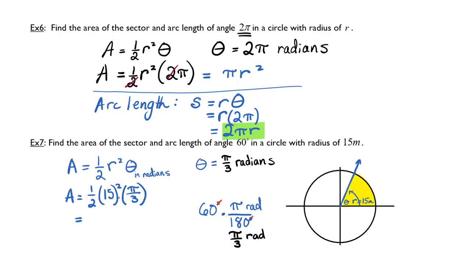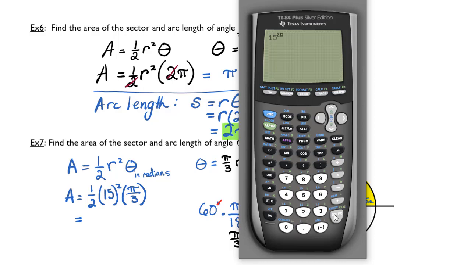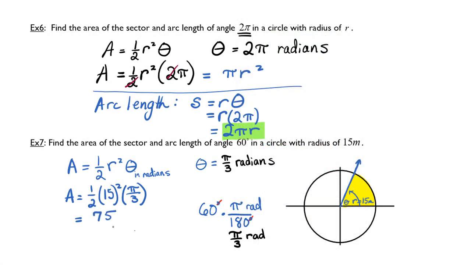So it's easier to just leave the pi alone and calculate all the numbers separately. 15 squared divided by 2 times 3 is 6. So I'll see if I can turn that into a fraction. So it's going to be 75 halves times pi, and this is meters squared.